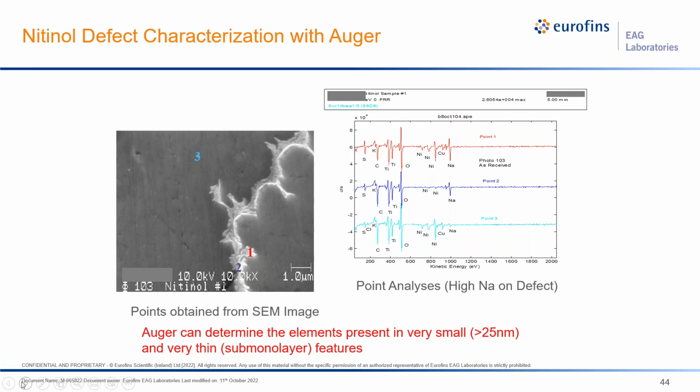As you can see, the 2 surveys, red and blue, which were obtained on the defect, show substantial levels of sodium, and very little sodium is found in location 3, which is a cleaner, smooth location on the part.